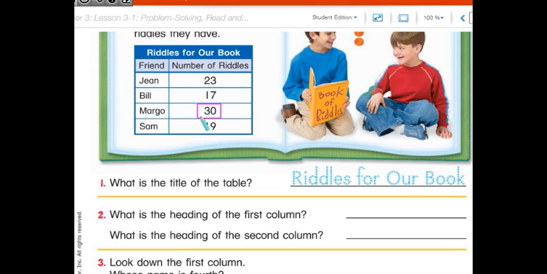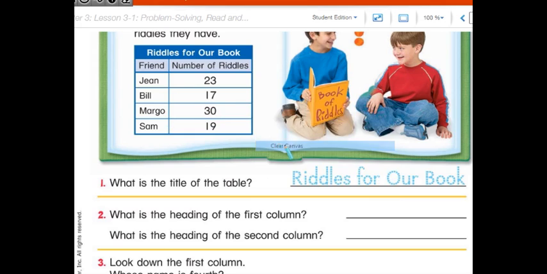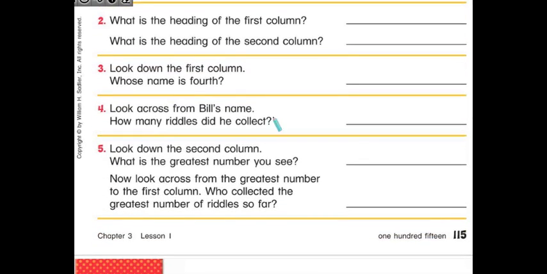We have to look across 30 to know who collected the most riddles. We will find that who collected the most riddles is Margot. Excellent, Margot. Well done. You've collected the greatest number of riddles.